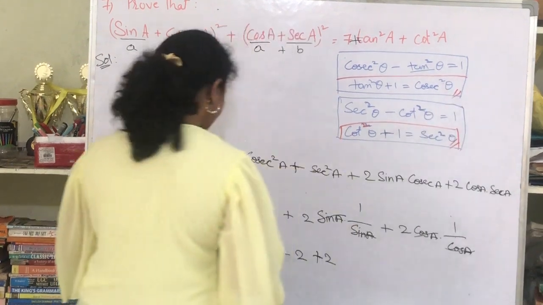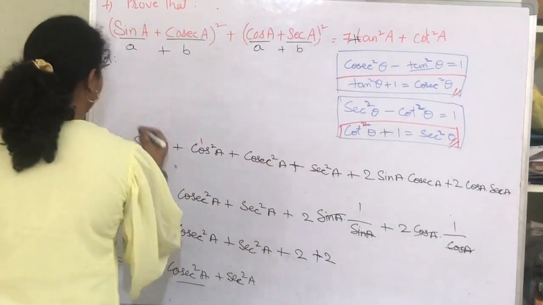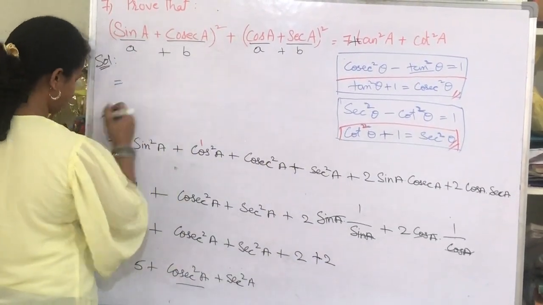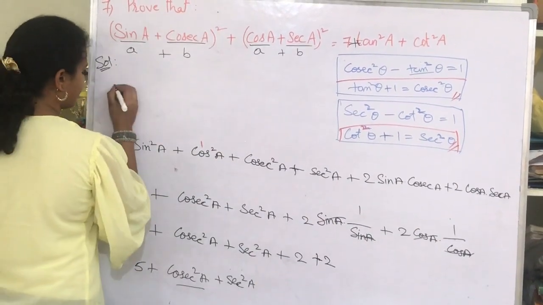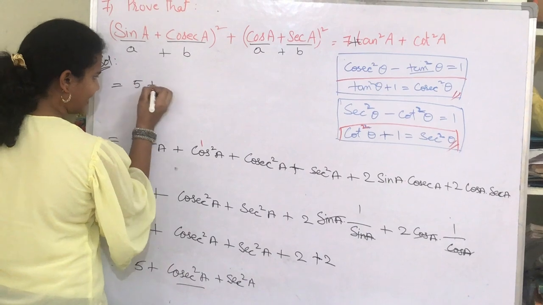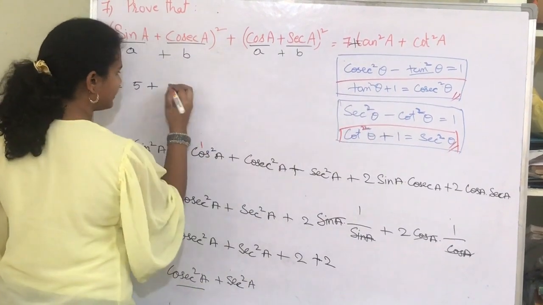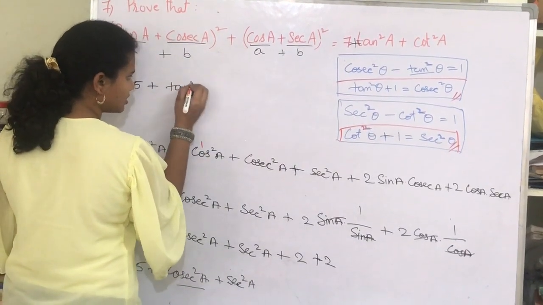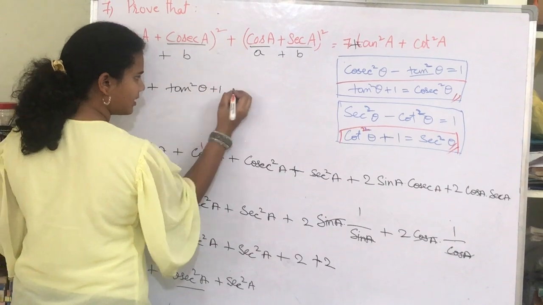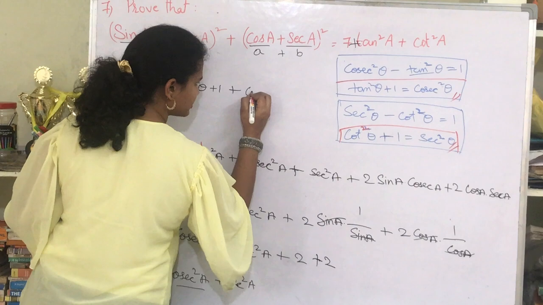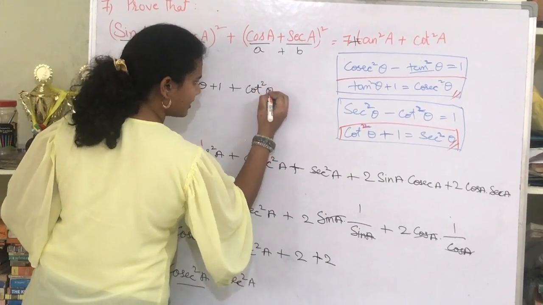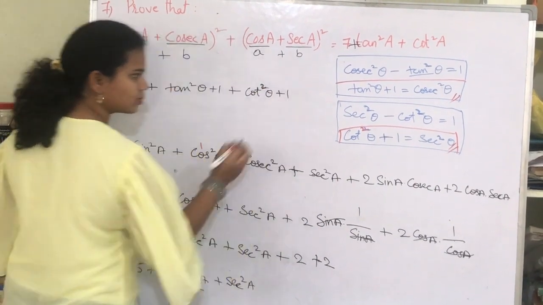By considering this, we can write 5 plus cosecant square theta as tan square theta plus 1, and secant square theta as cot square theta plus 1.